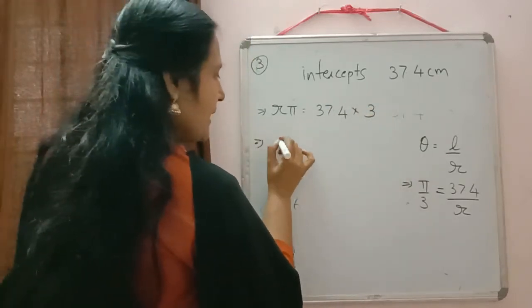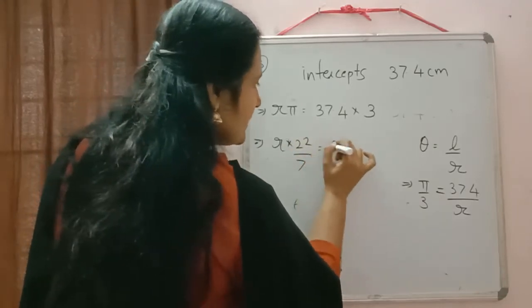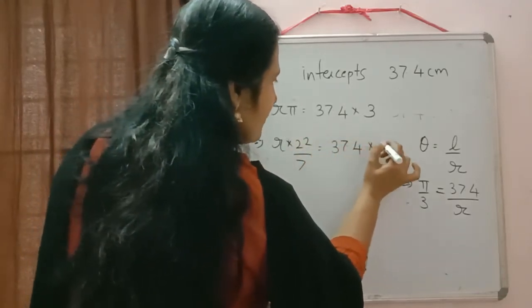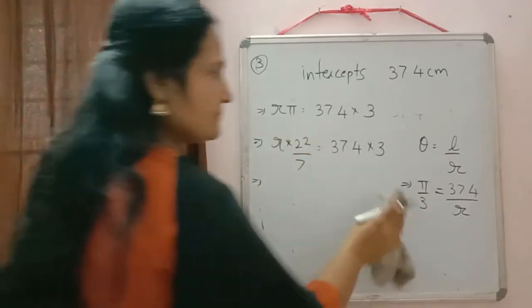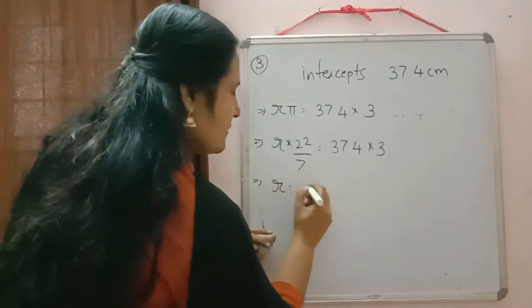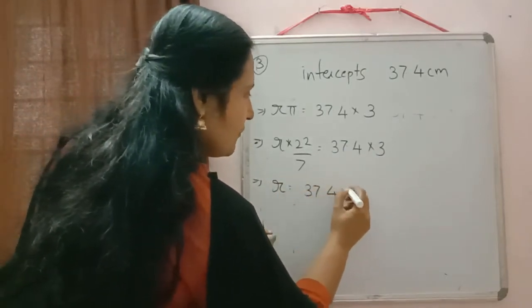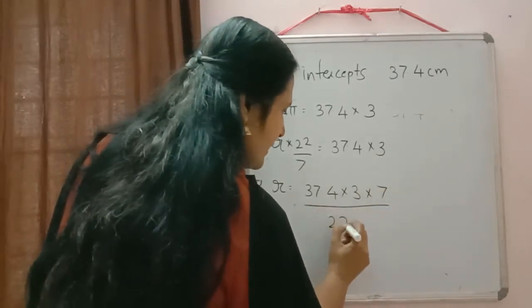Now for pi we use 22 by 7. We can shift 22 by 7 to the right-hand side, so R is equal to 37.4 into 3 into 7 by 22.